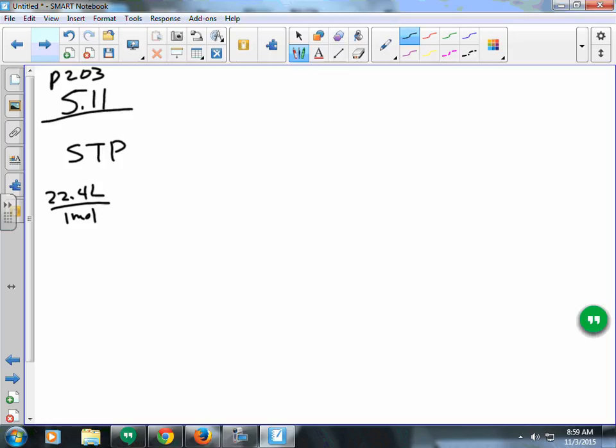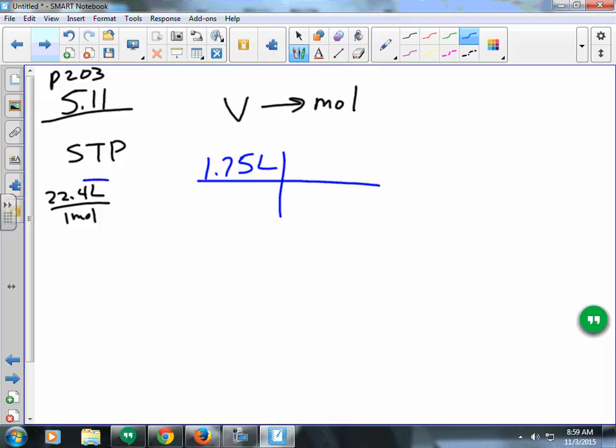So we're given a volume, and we're asked to change it to moles. That's all this is. So once again, stoichiometry means factor label. So we take our given, 1.75 liters, and we're going to change it with this.